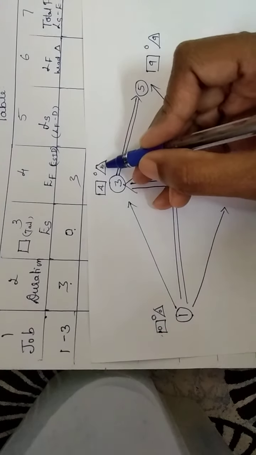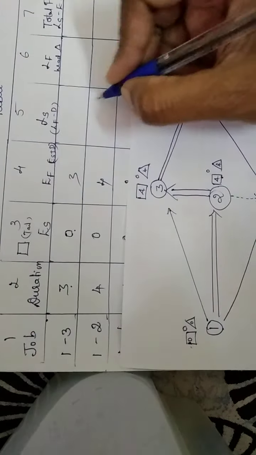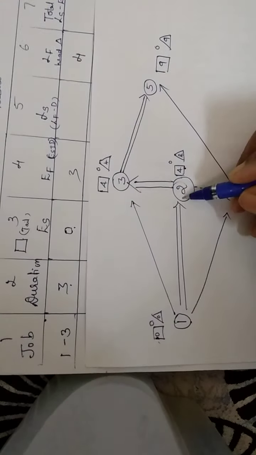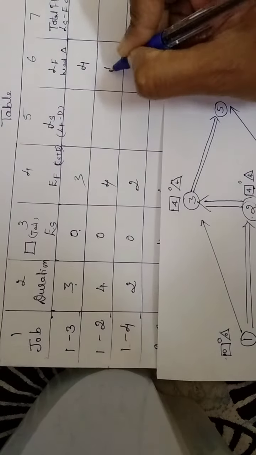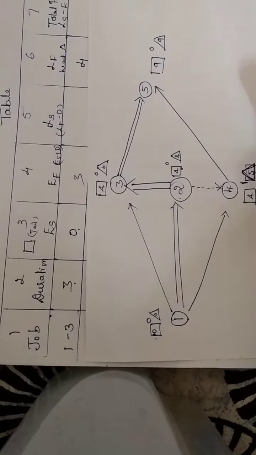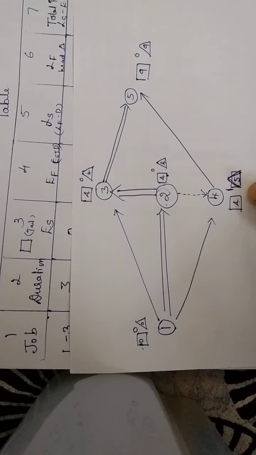Okay, now if you take 1 to 3, it is 4. So I am writing 4 here in the sixth column. Now from 1 to 2, again it is 4. 1 to 4 it is 5, the one which is written within the triangle.